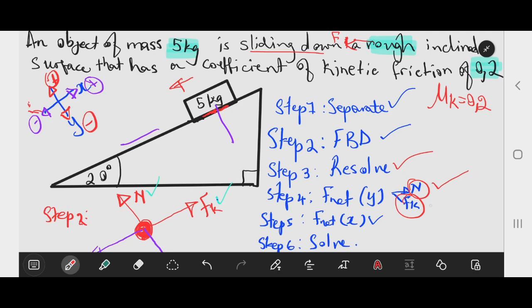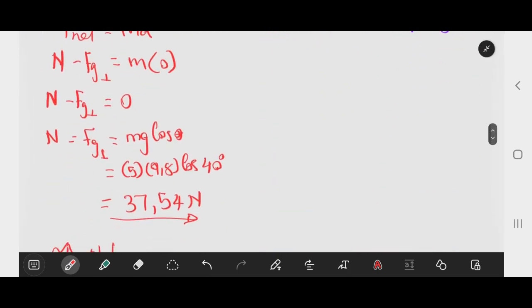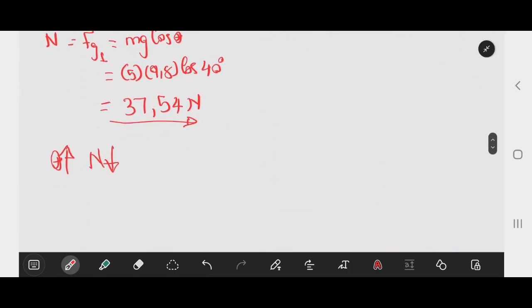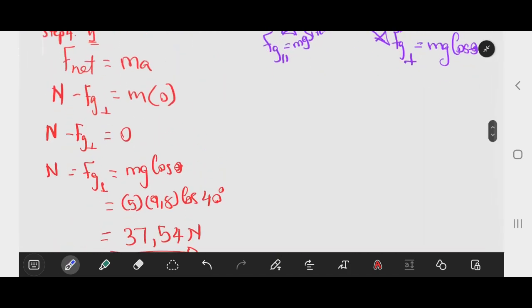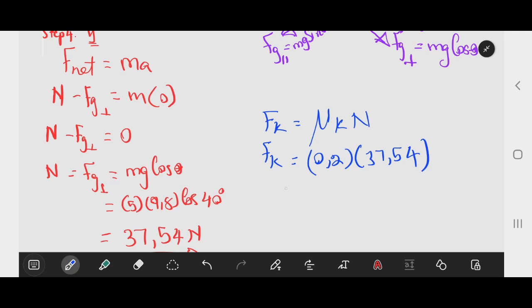force. Now we have to calculate the frictional force. So the frictional force would be Fk equals the coefficient multiplied by the normal force. So Fk equals the coefficient, which is 0.2, and the normal force now is 37.54, right?